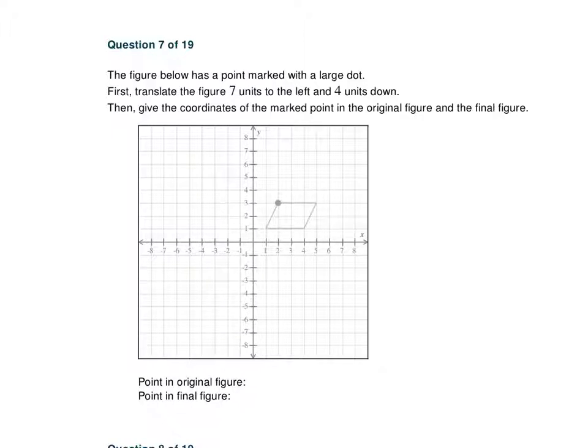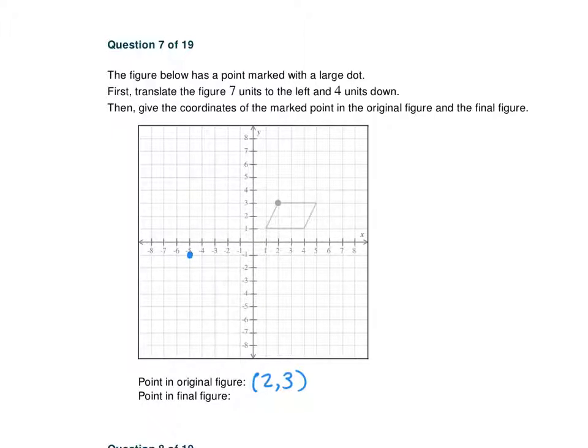Question 7 asks me to translate the following figure 7 units to the left and 4 units down. My coordinate for my original figure is (2, 3). So when I translate it 7 units to the left and 4 down, I'm going to go over 7: 1, 2, 3, 4, 5, 6, 7, and then down 4: 1, 2, 3, 4, and we'll have a point there.